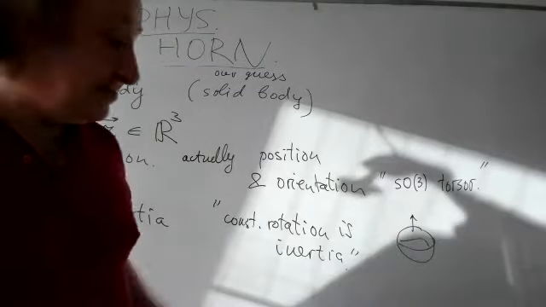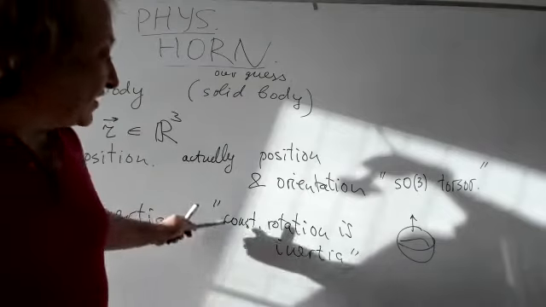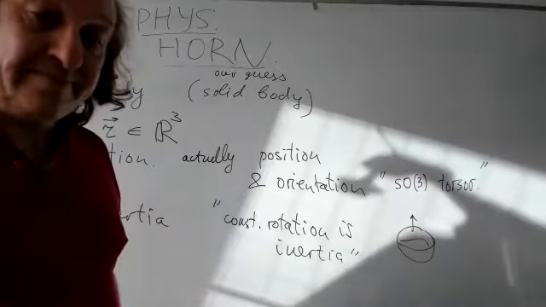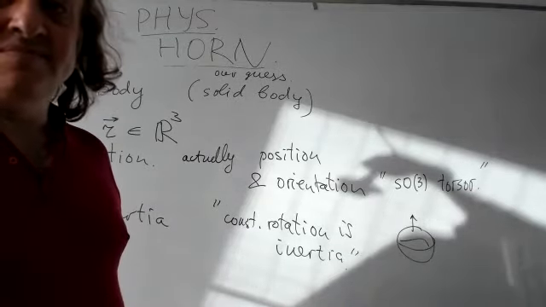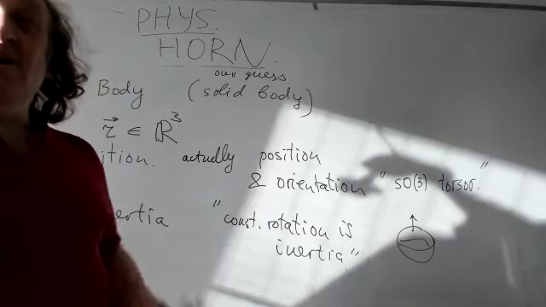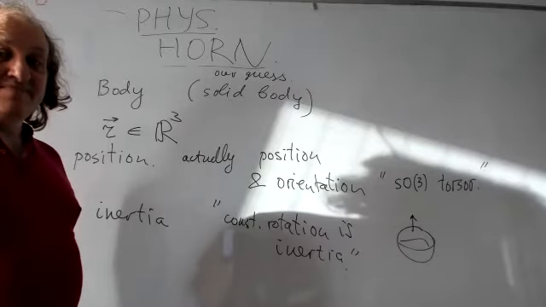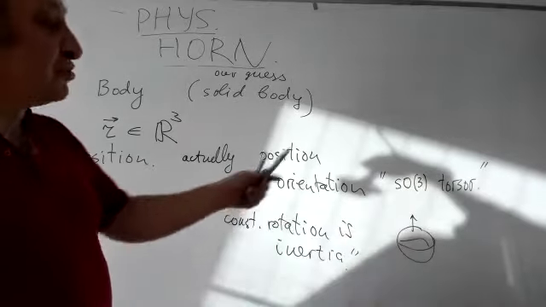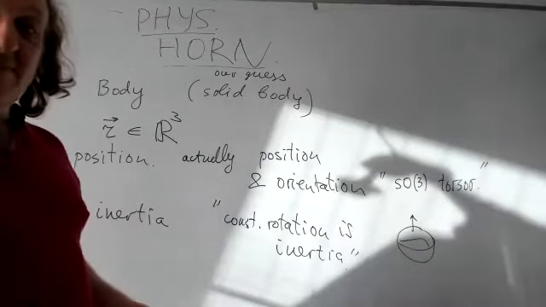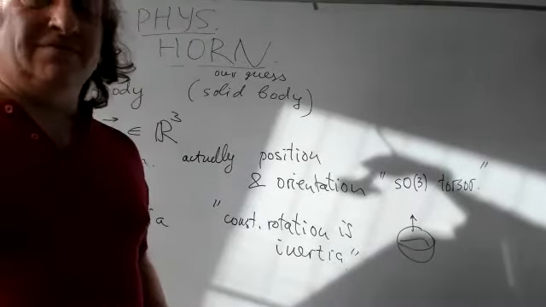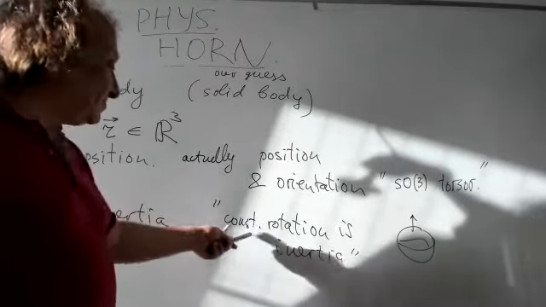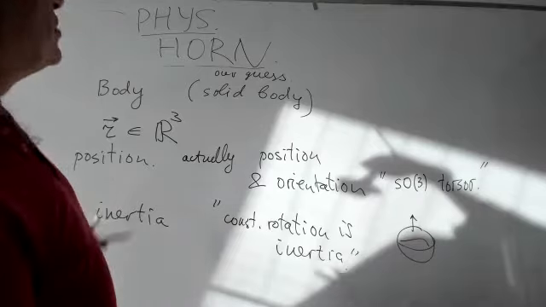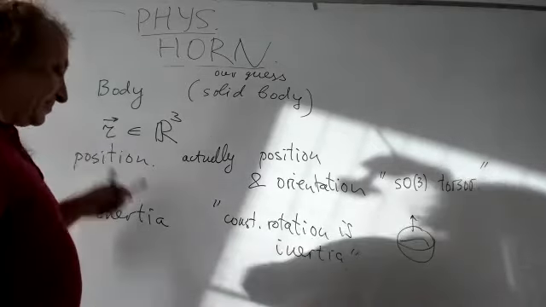Because actually, now we know that instead of saying constant rotation, one has to say constant angular momentum, sorry. But Newton doesn't know what angular momentum is. So somehow here is his first fault. By the way, nobody corrected him.